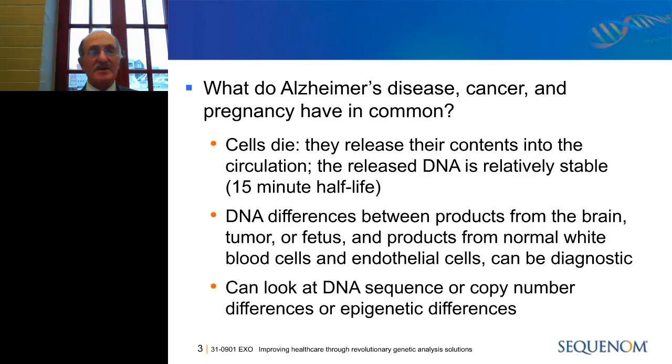In other situations, like neurodegenerative disease or cardiovascular disease, there are no sequence differences between brain cells or heart cells and blood cells, but there are epigenetic differences. Okay, so by looking at either sequence or epigenetics, we can learn properties of a distant site without touching it. The challenge is that we have so few molecules.